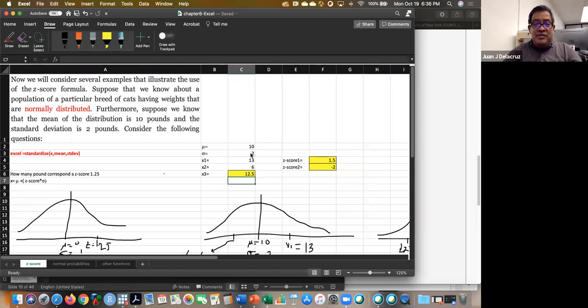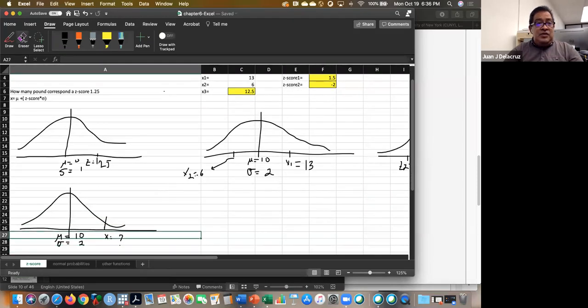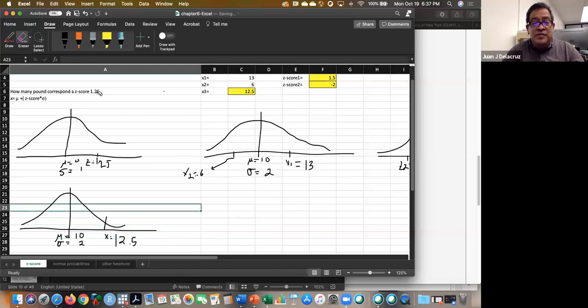So then the value that corresponds to this is going to be equal to 12.5, right? That works very nicely, because here all I need is the z-score with all this information.